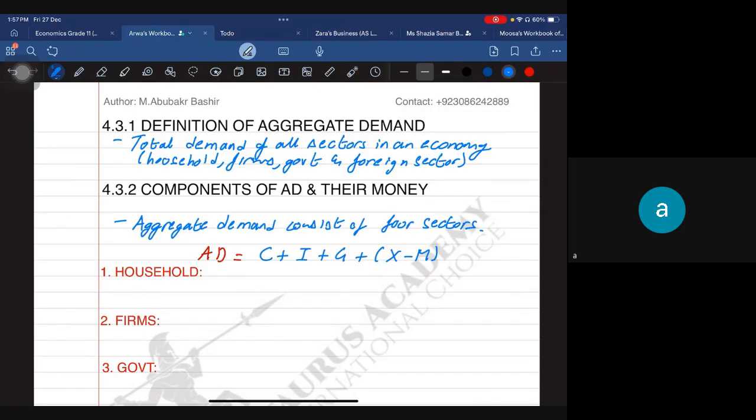So first of all, when we talk about the household, the household basically spends on consumer goods and services.